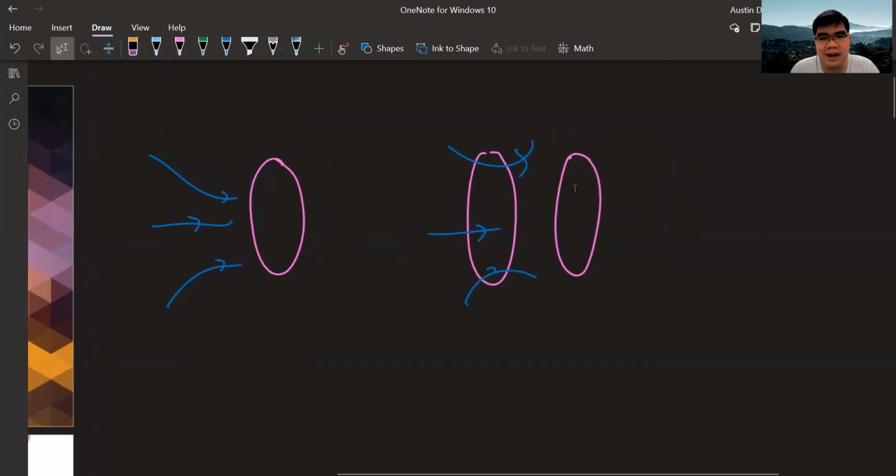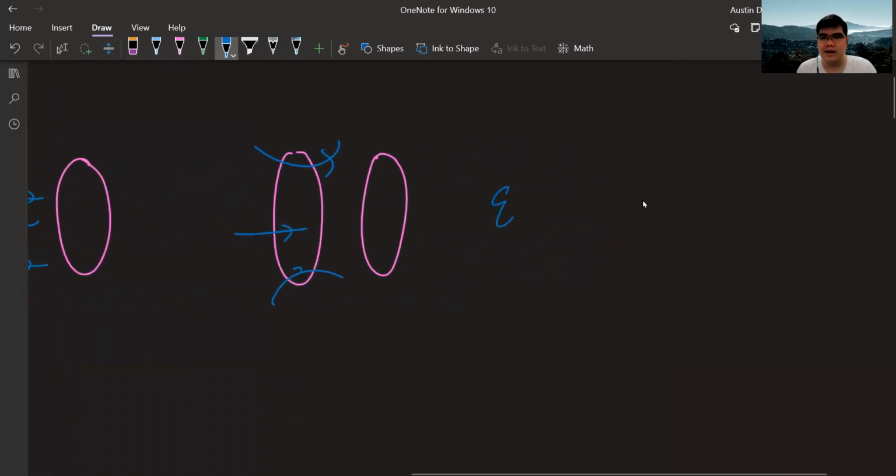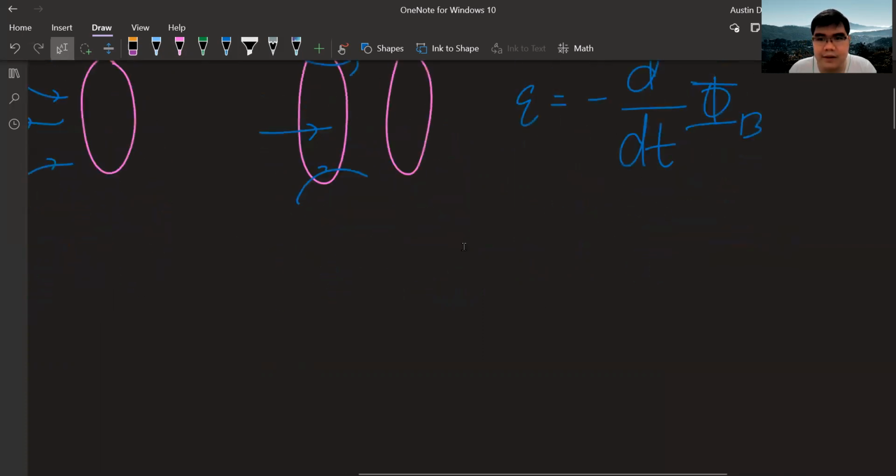Alam natin ang direction ng current and the amount of EMF that is induced, kasi alam natin na E is equal to negative change in time of the magnetic flux. Tama?